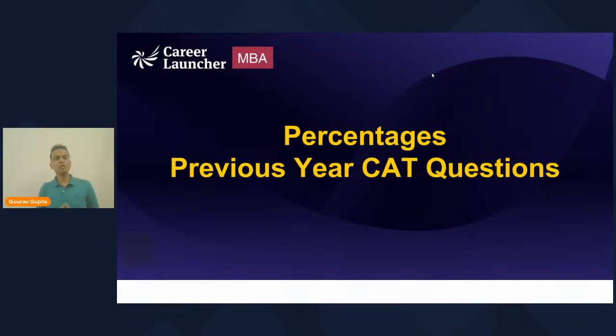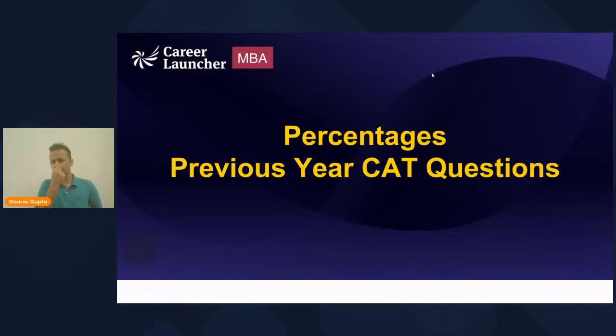Now, if I talk about the level of difficulty, in the last two sessions, you must have realized that the level of difficulty of questions, which are from the fundamentals of percentages, was not very high. I could rate all of them as average or below average level of difficulty. We have seen some very easy questions as well.